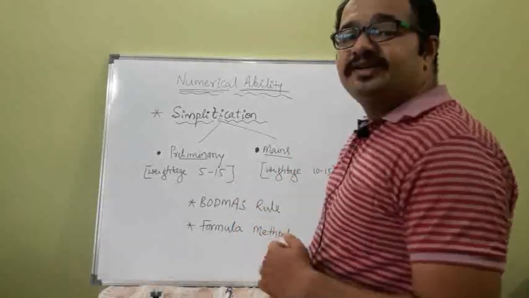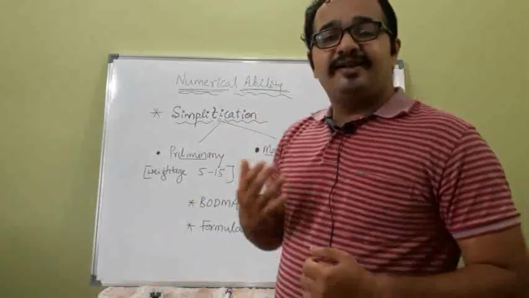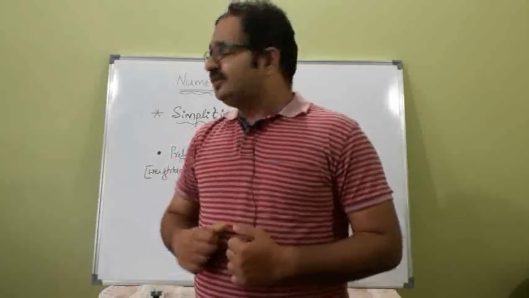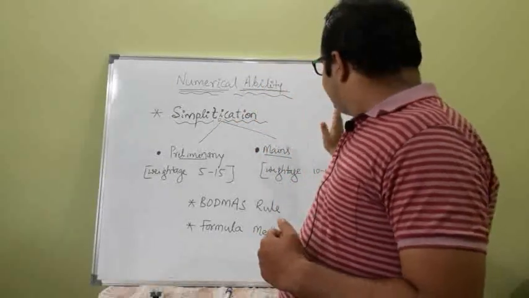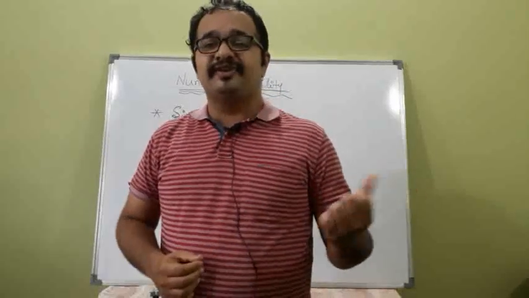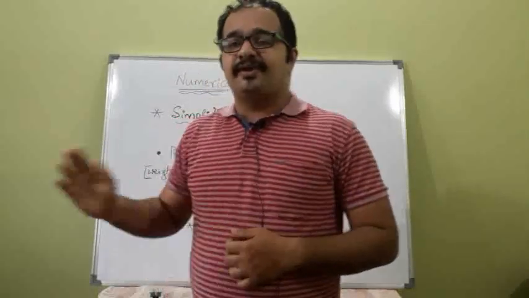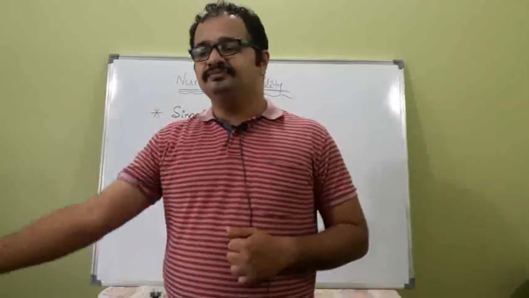And the formula method. What is the formula method? You have heard of many formulas, right? In simplification, from the basic formulas like (a plus b) whole square, (a minus b) whole square, etc. The problems have only two categories. Okay?